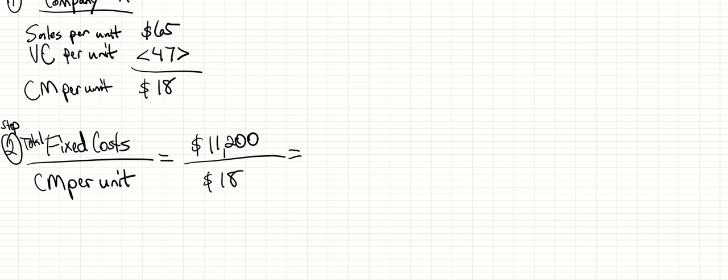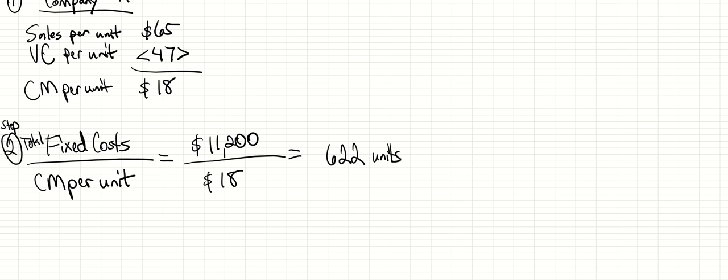Okay, so to compute the break even in units, we're going to take 11,200 divided by $18. That's going to give us 622.22 repeated. So I'm just going to round this to the nearest whole number and say 622. I mean, why am I saying dollars? Units. I'm so used to saying dollars. Okay, this is units.